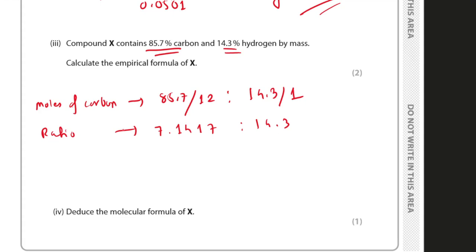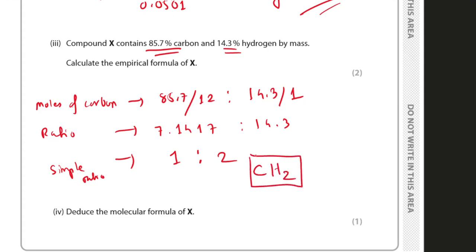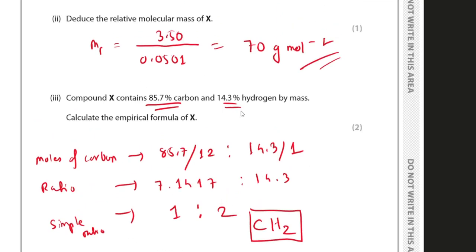So now if you just find the simple ratio down here, what you get is about 1:2 if you divide both of these by 7.1417. So the simple ratio is 1:2, so we can say CH2 is our empirical formula of X.